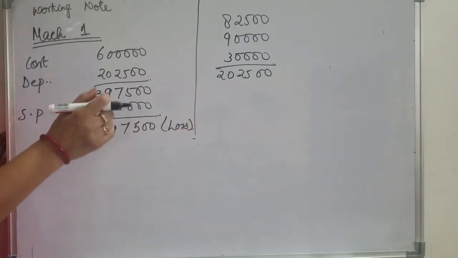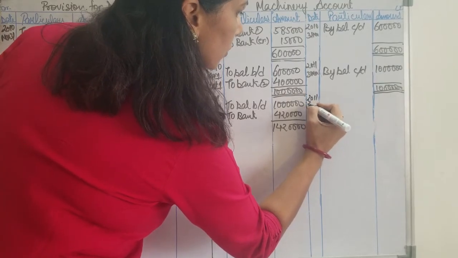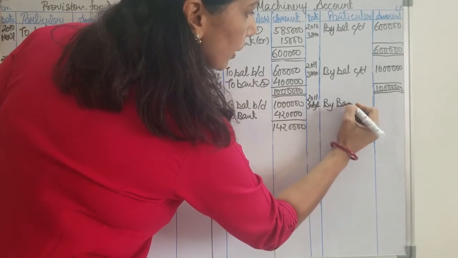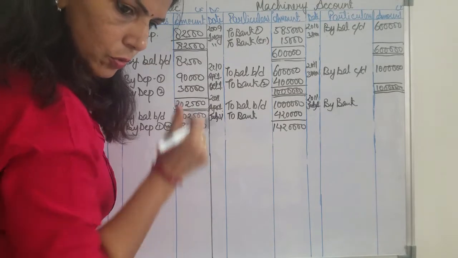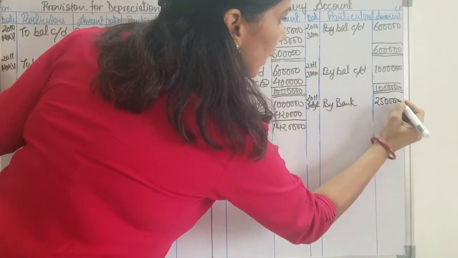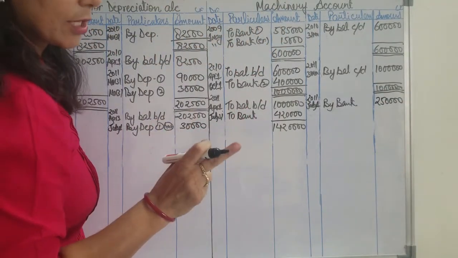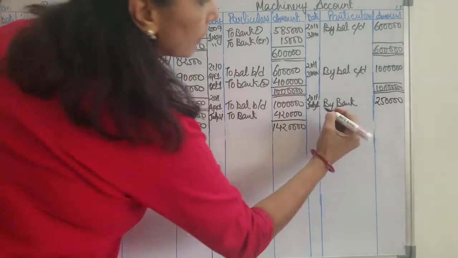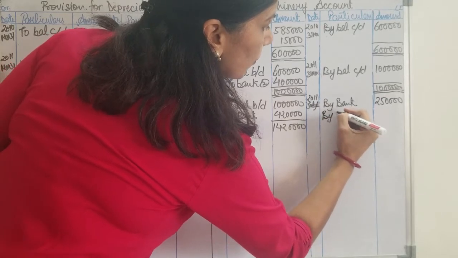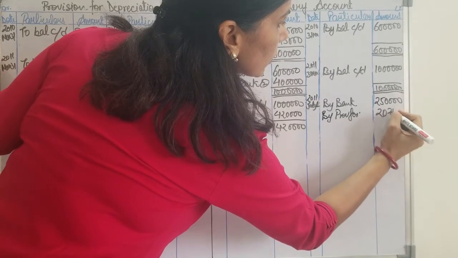So now let's transfer the amount in our account. So it's 2011 July 1st by bank, machinery was sold for 2,50,000. So it's 2,50,000 here. Then on this machinery, accumulated depreciation that we have calculated there in our provision for depreciation account comes to, by provision for depreciation, 2,25,000.